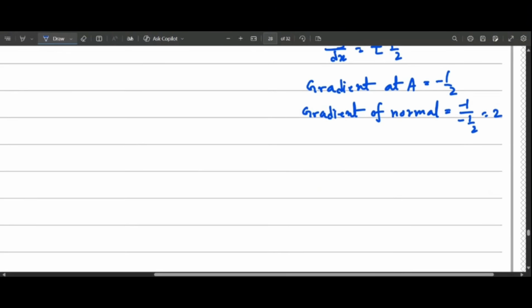The equation of the normal would be y minus y1 equals m times (x minus x1).